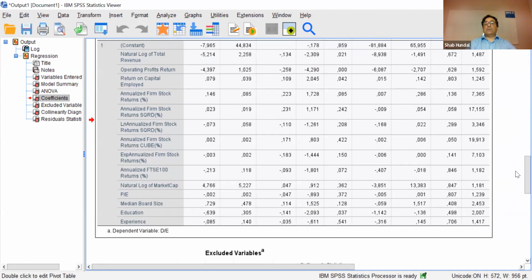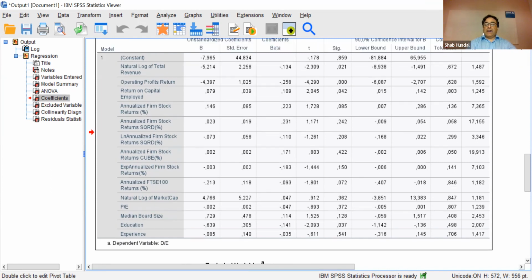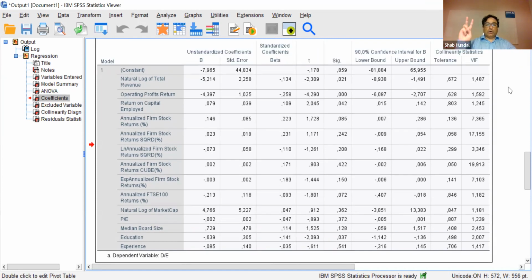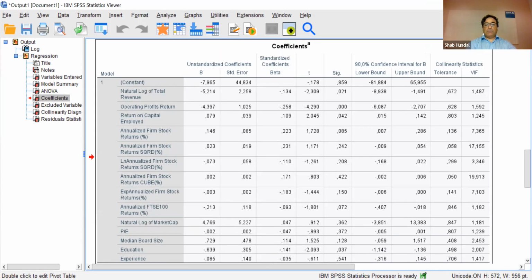So those results which are significant, you would experience higher t values by default. Therefore, as I said before, if I have to focus only on two columns in the analysis, I would only look at the first column, unstandardized beta, and the significance column, and that's it.